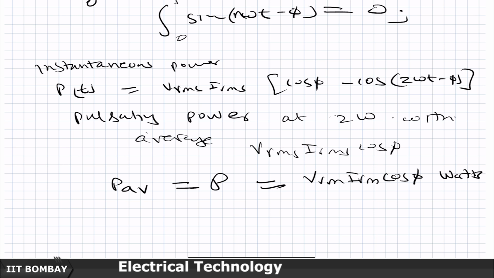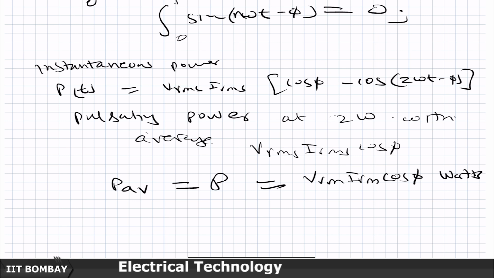What it basically means is the power comes from source to the sink, then the same pulsating component goes back from the sink to the source, again comes back from source to the sink, and this happens at double the frequency. So, this game is played twice fully in one cycle, with zero average.